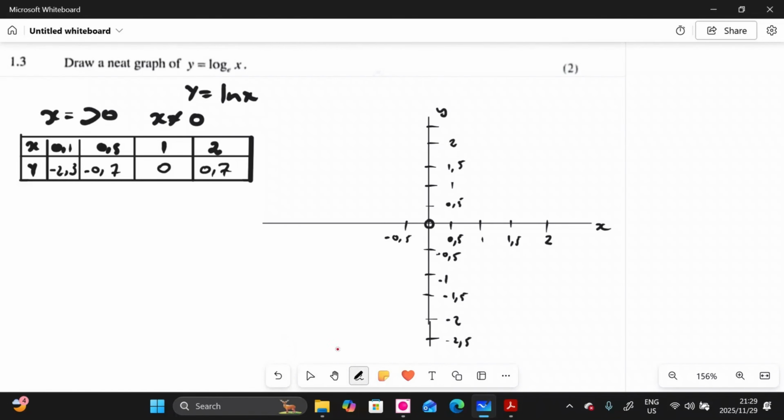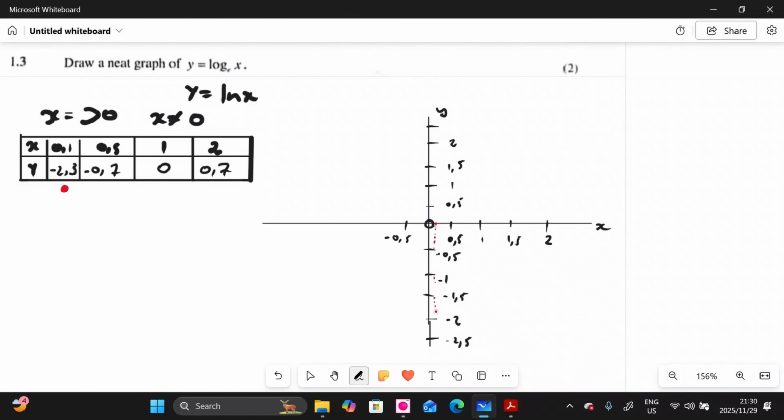There we go. Now let's do the Cartesian plane and let's draw our graph here. Here's our Cartesian plane. Now let's start with this first point. When x is 0.1, our y is going to be negative 2.3. So 0.1 for x is very close to 0.